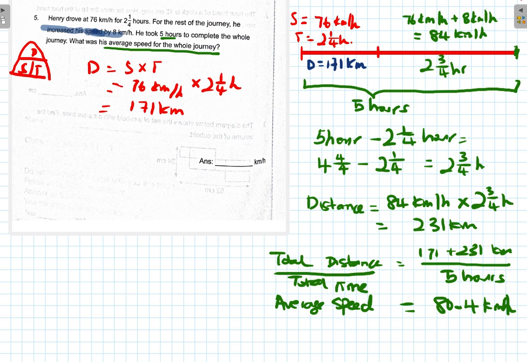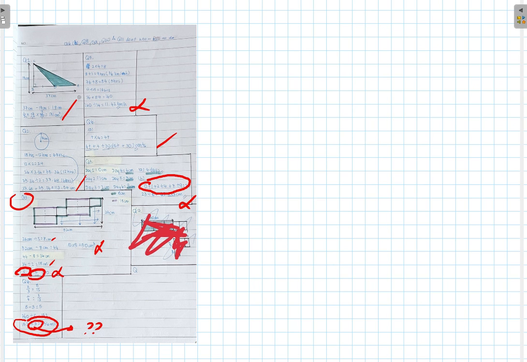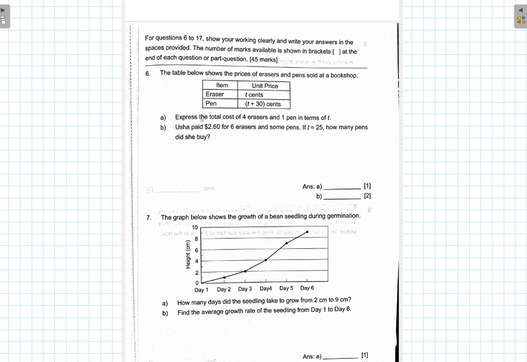Okay, let's go to 6B. You didn't do 6B. Okay. So here says that 6B is actually quite easy. You see, paid $2.60 for 6 eraser. So I know that I have 6 eraser, right?